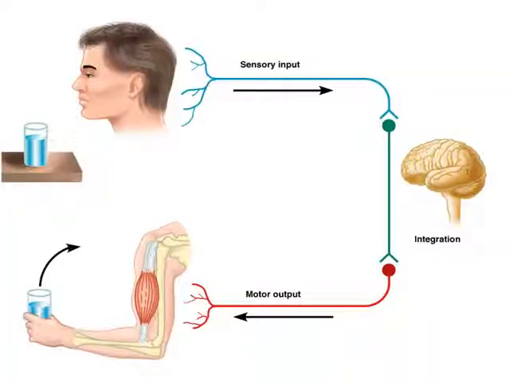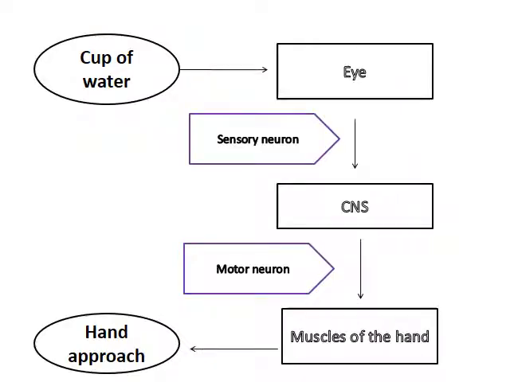Here, as I said, we have the sensory input, sending the message to the brain for integration and analysis, and through the motor neuron, which is called efferent, toward the effector organ to take an action.